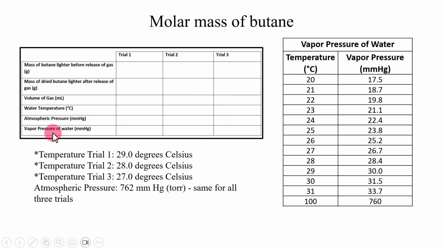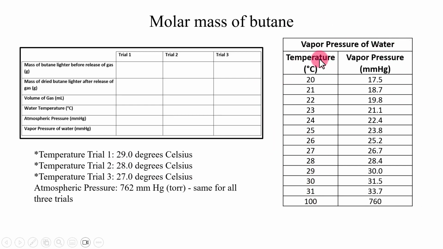Now, what goes under the vapor pressure of water here? Well, what goes under the vapor pressure of water will correspond to the temperature that we have up here. For trial 1, the temperature is 29 degrees. That information will be taken from this table.